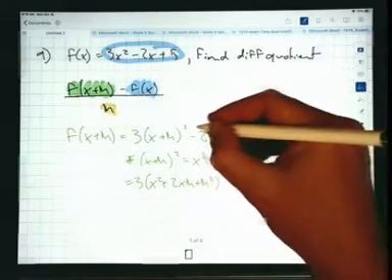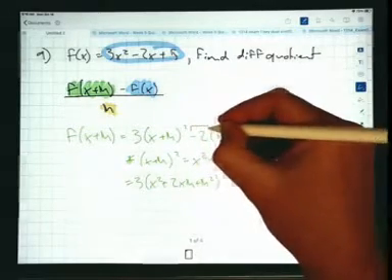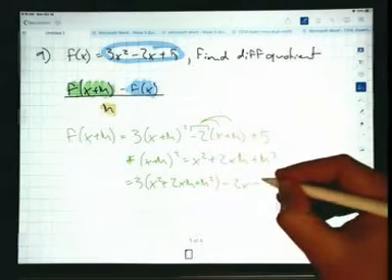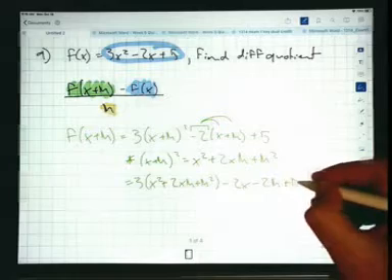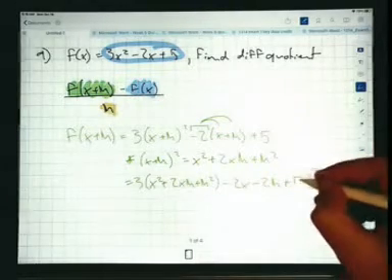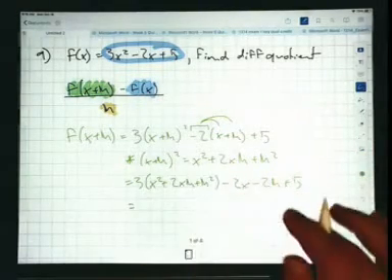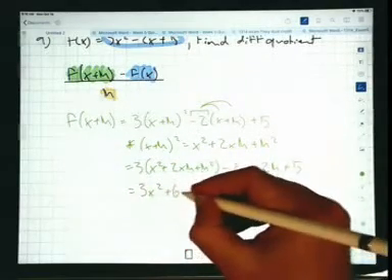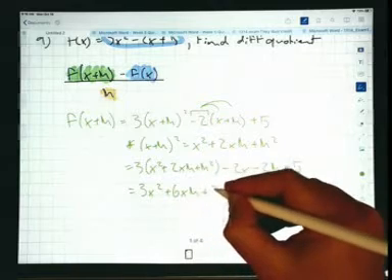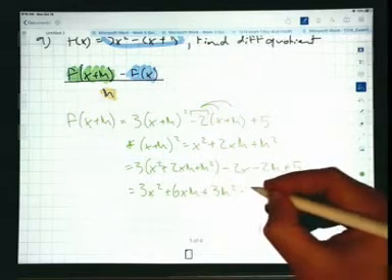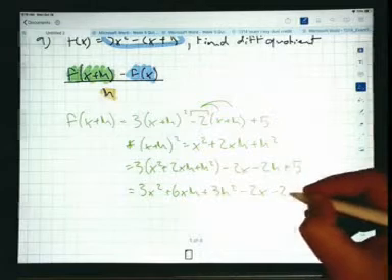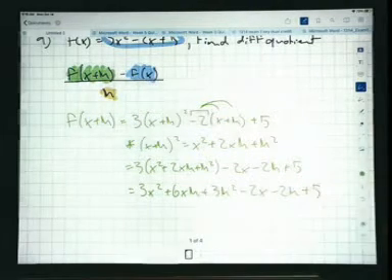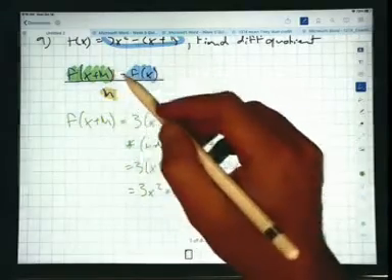Then we can distribute the negative 2. Make sure you distribute the negative with the 2. So minus 2x minus 2h plus 5. And now I'll distribute the 3. That becomes 3x squared plus 6xh plus 3h squared minus 2x minus 2h plus 5. And that is our f of x plus h.